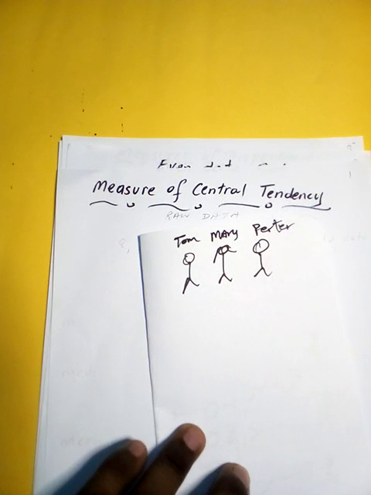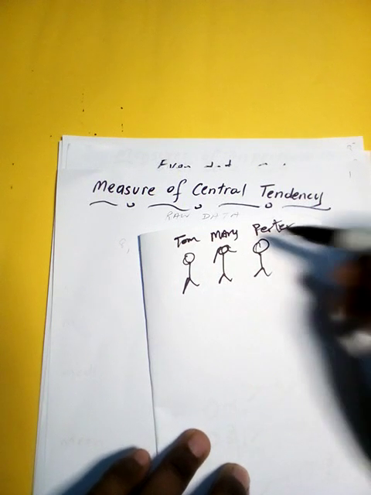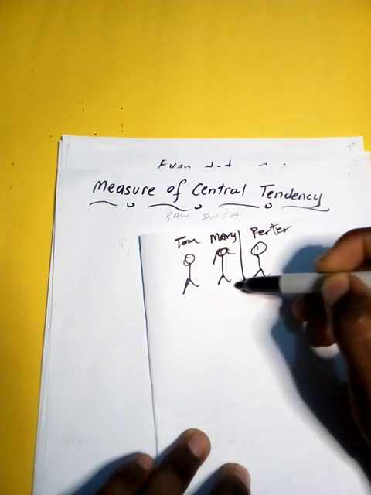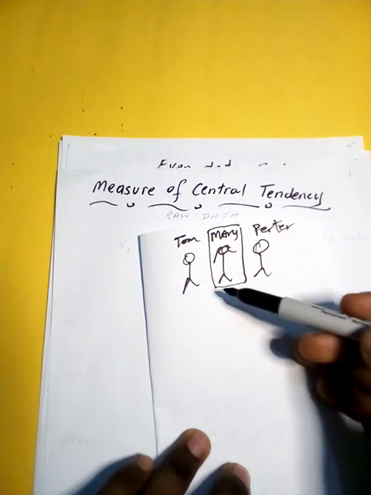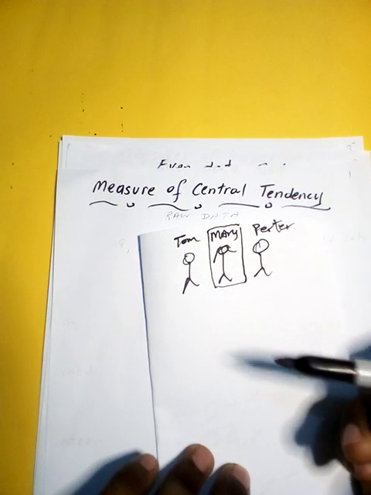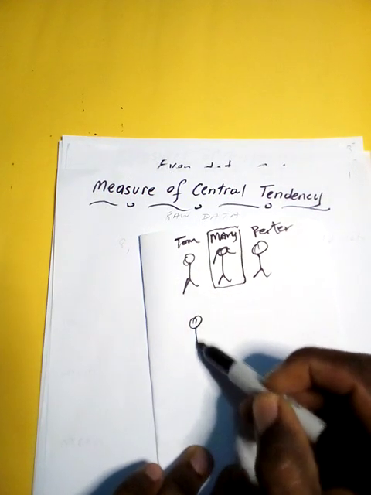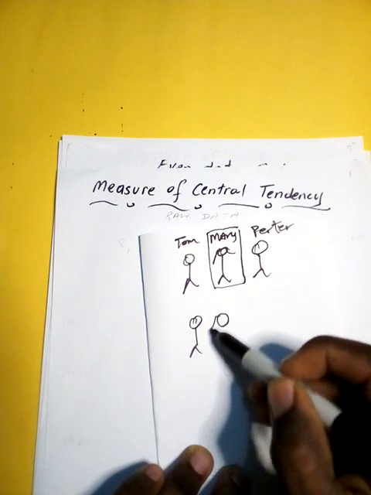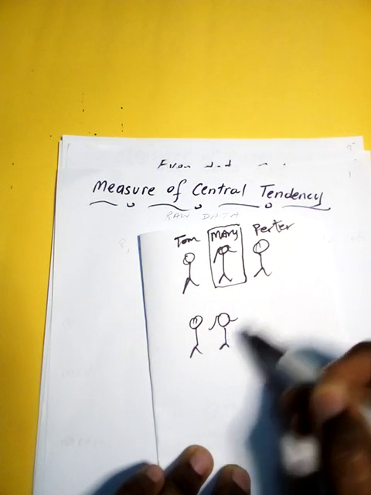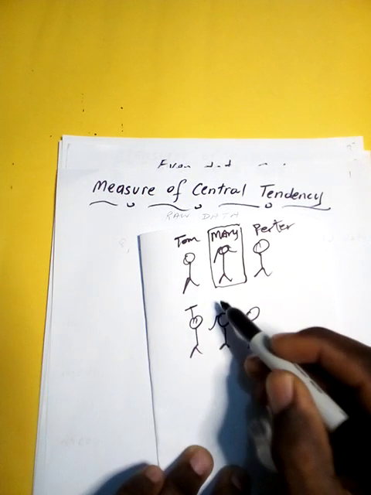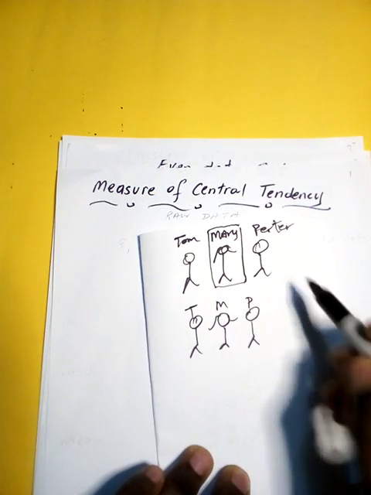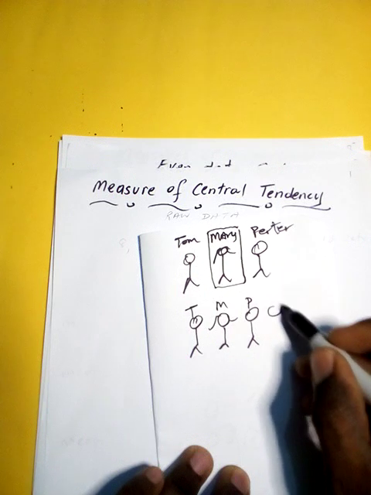If I should ask you who is in the middle, the obvious answer would be Mary, based on our understanding of what is in the middle. So Mary is in the central position. How about with Tom, Mary, and Peter?